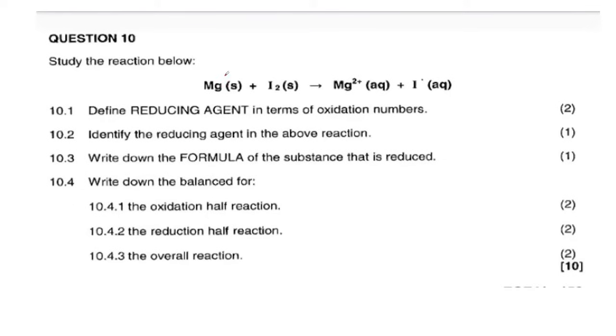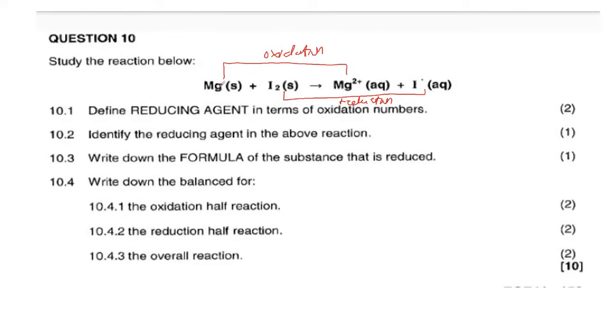Then 10.2 says identify the reducing agent in the above reaction. Once again, this Mg to Mg2 plus is an increase in oxidation number, so we say it's undergoing oxidation. Then here from 0, because this is a molecule, to I minus, it's undergoing reduction because there is a decrease in oxidation number from 0 to -1, right?